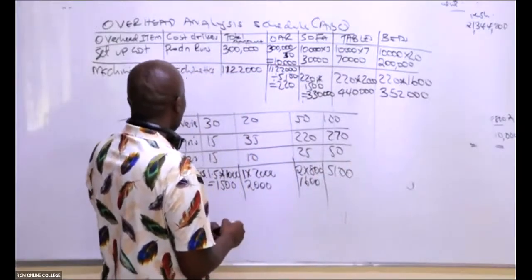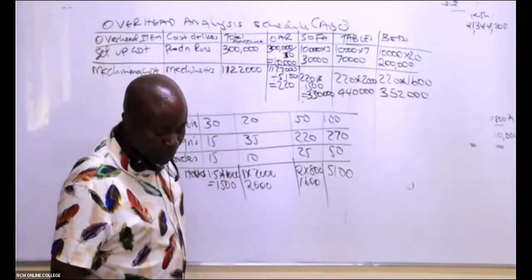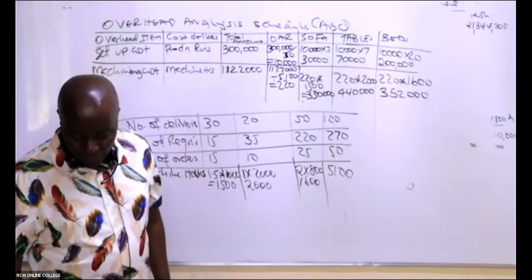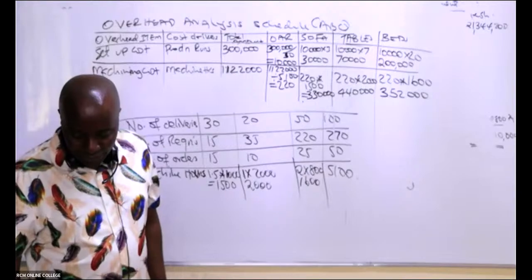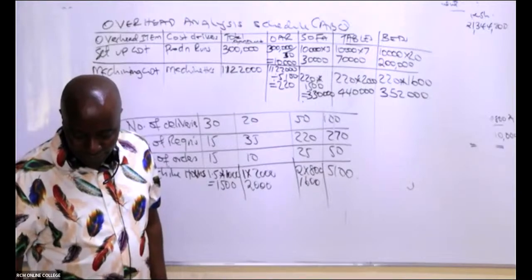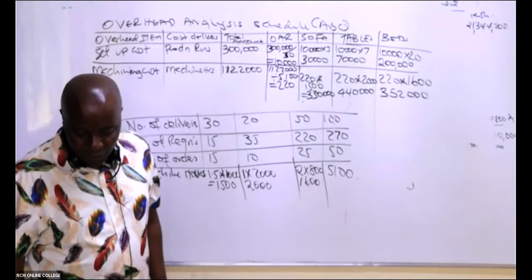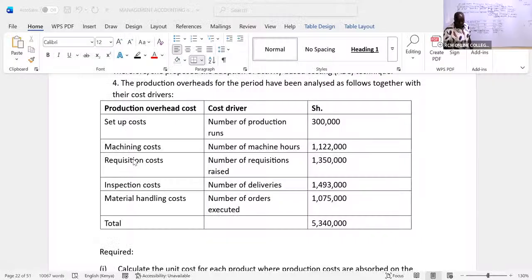So after that, the next one, ladies and gentlemen, that we have there is known as what here? Requisition cost. Please go ahead and do the entries for me. So you can see we have requisition costs.